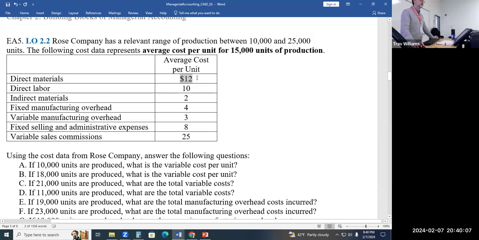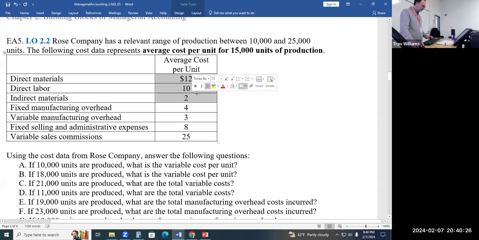of production. It's going to be materials. That's a variable cost. Direct labor is variable. Indirect materials, normally they would put that as part of the manufacturing overhead. In this case, they broke it out separately for some reason, but it is a variable cost. So that is going to be part of our variable costs. Obviously, fixed manufacturing overhead is fixed, right? It's not variable. And variable manufacturing overhead is obviously variable, right?